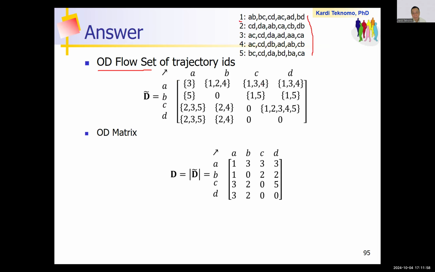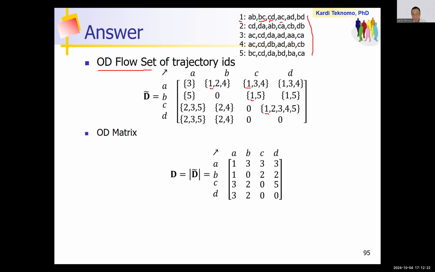For example, number one, we have A, B. So A to B here, we have number one. Then we have B, C. So from B to C, we have number one. And then C, D. From C to D, we have number one. Then we have AC, so A to C, we have number one.